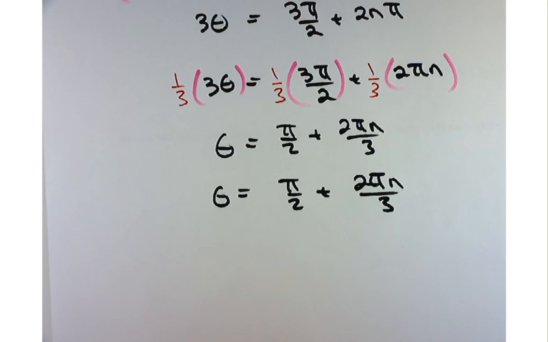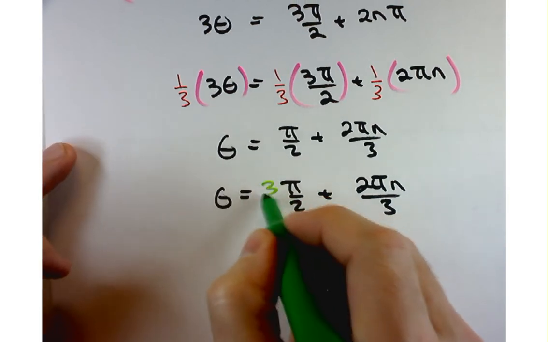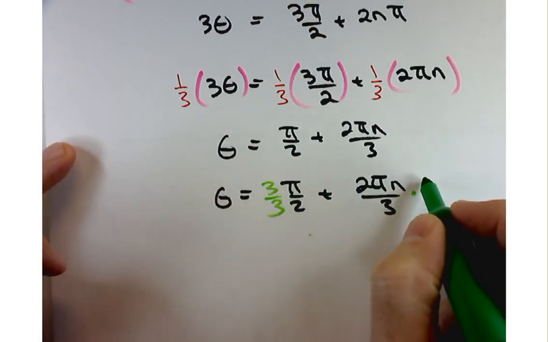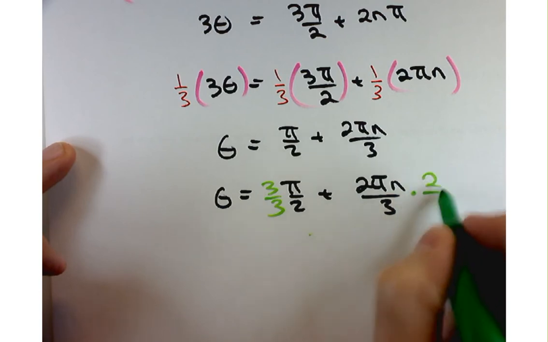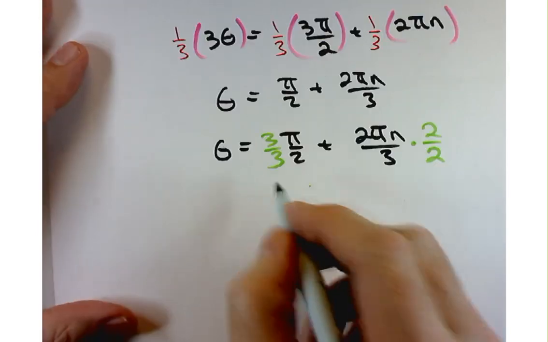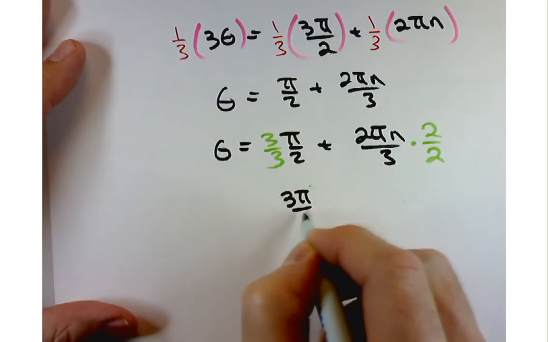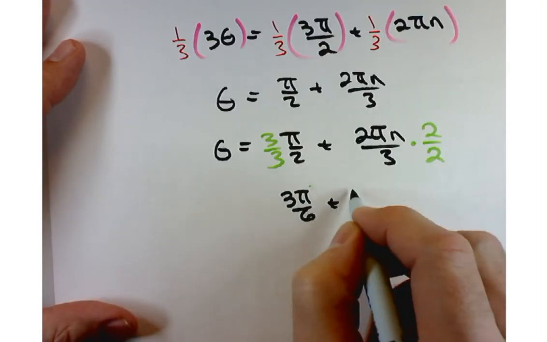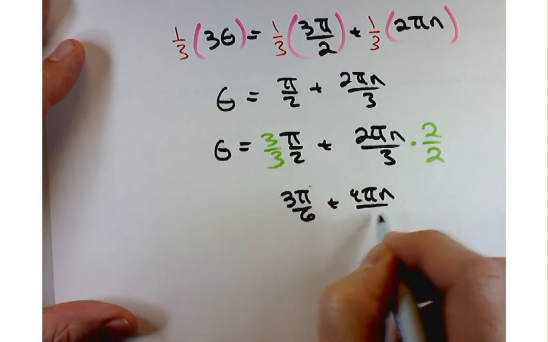All right. Let's see. Allie, what should I multiply this by to help get a common denominator? 3 over 3. All right, 3 over 3, and then over here by 2 over 2. Excellent. So that gives me 3 pi over 6 plus 4 pi times n over 6.